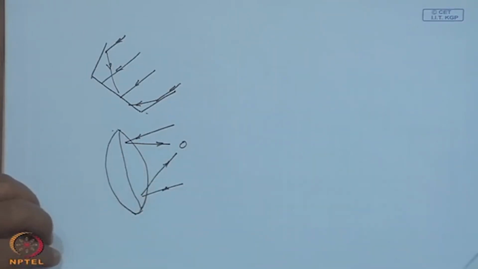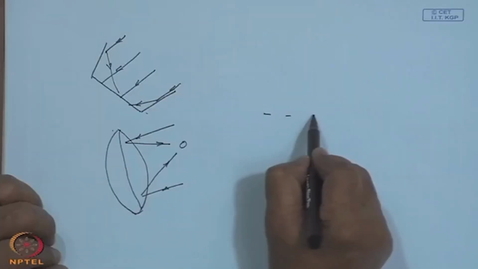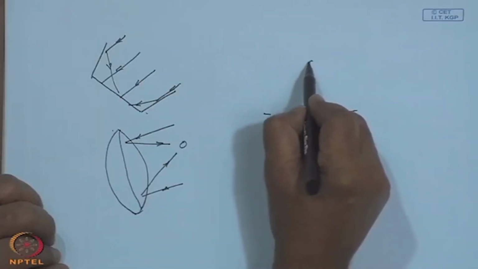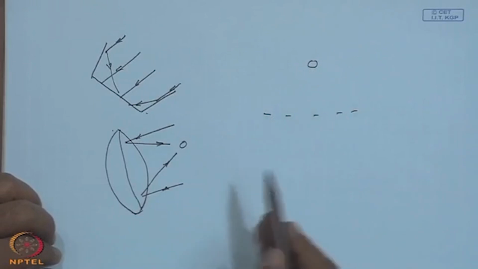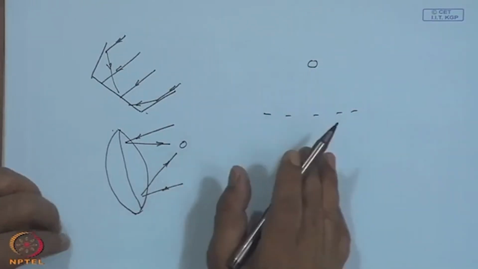So, when the size is a limitation, people have heliostats, smaller mirrors or lenses focusing onto a central receiver, so that breakage of one does not bother the remaining ones.